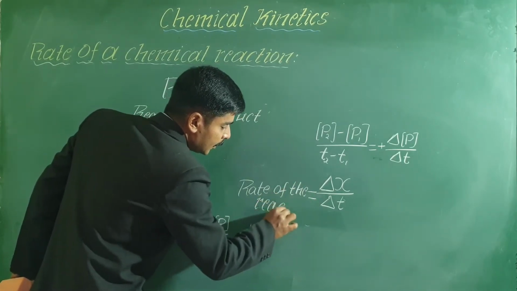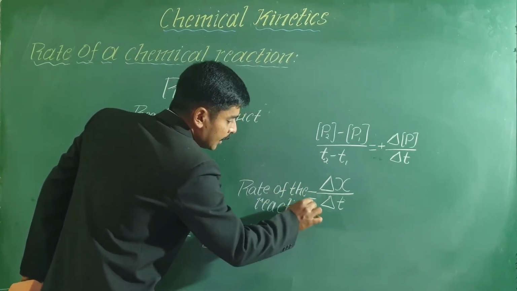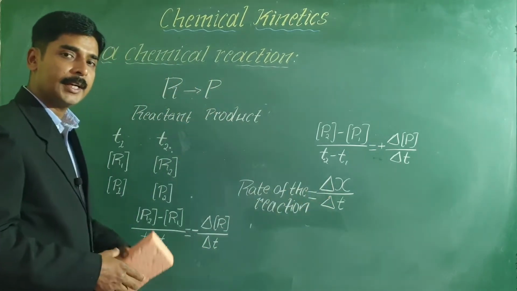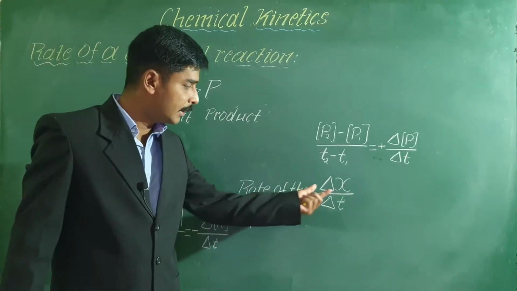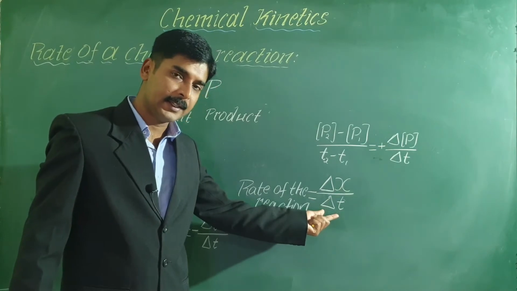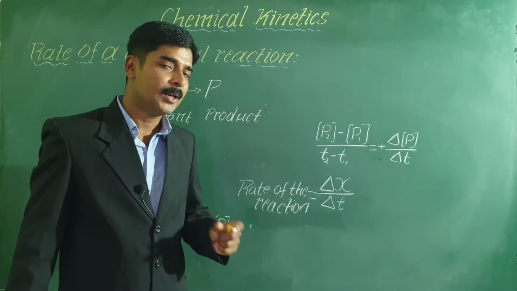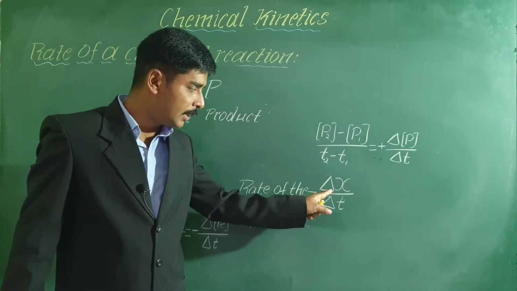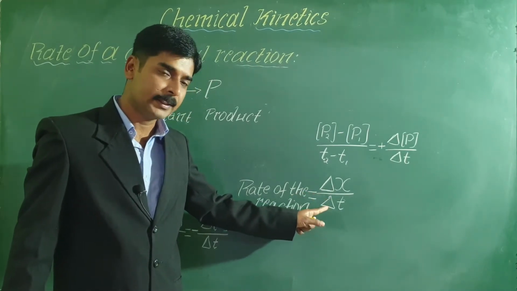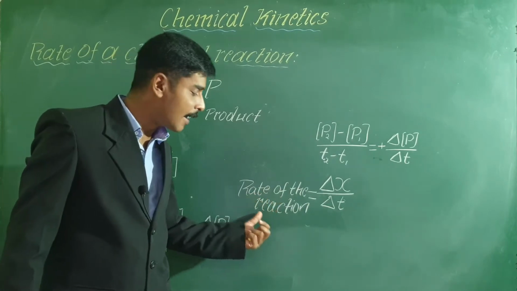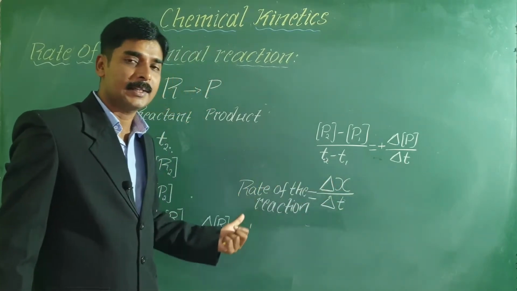Now, do you think that this is the actual rate of the reaction? That is, delta X by delta T will give you the actual rate? No, this is not the actual rate of the reaction. This is called the average rate of a reaction.